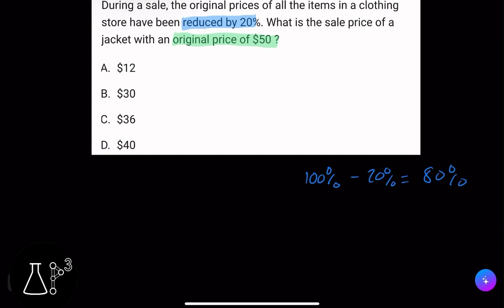If it said it reduces by 80%, that means the new price would be 20% of the original price. But because it reduces by 20%, the new price will be 80% of the original price. So what you would want to do is multiply 50 by 0.8. If you plug that into a calculator, or do it mentally, you are going to get 40, and therefore our answer is D.